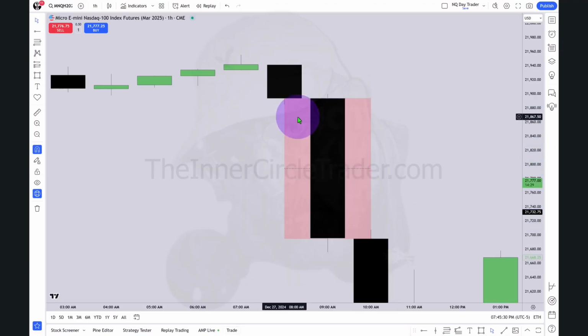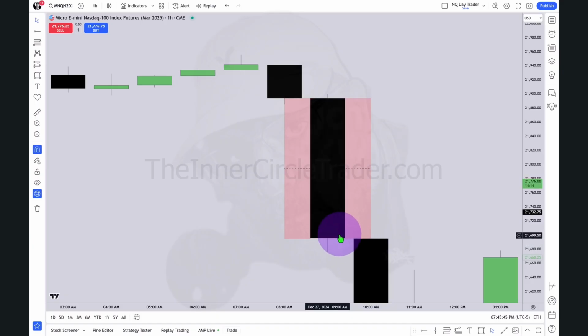So we have this closing price to this opening price. This closing price is slightly higher than that one. That's why I'm using it, because this is a tiny little volume imbalance.